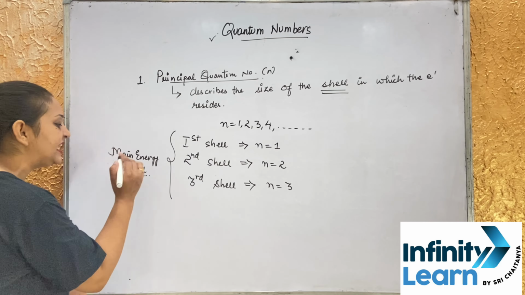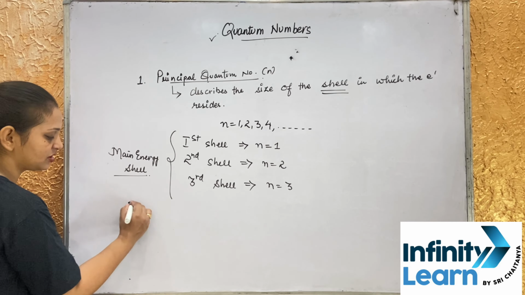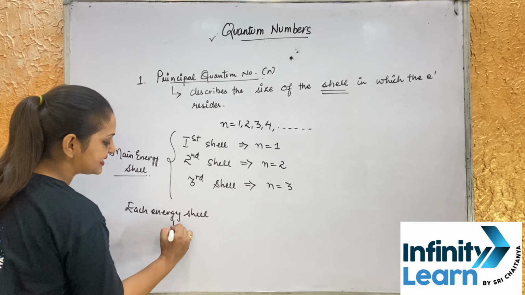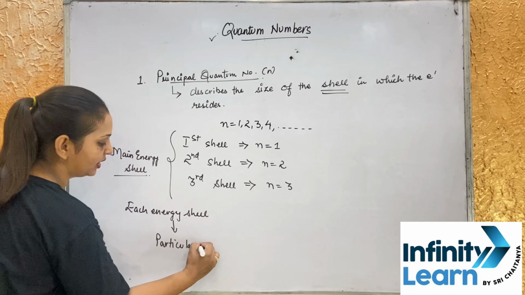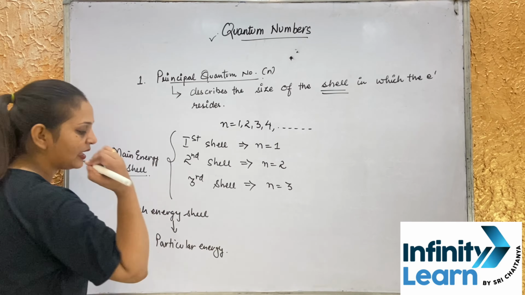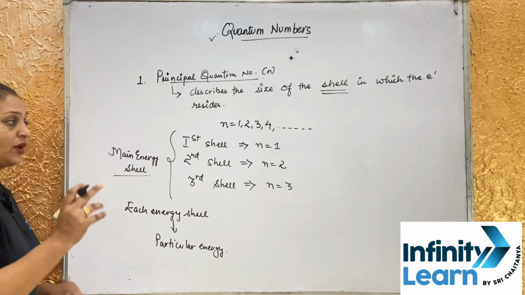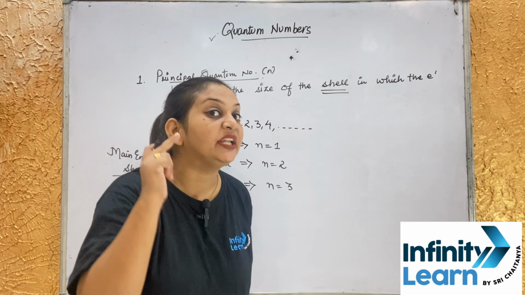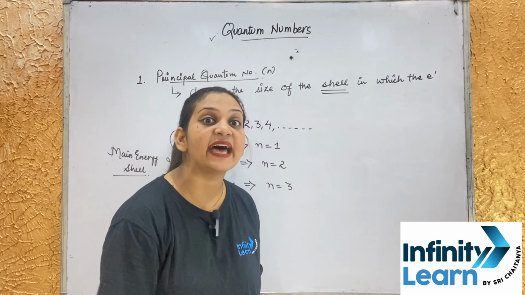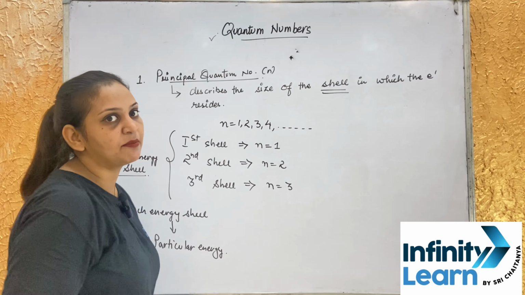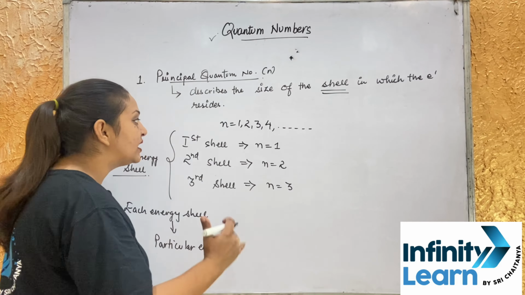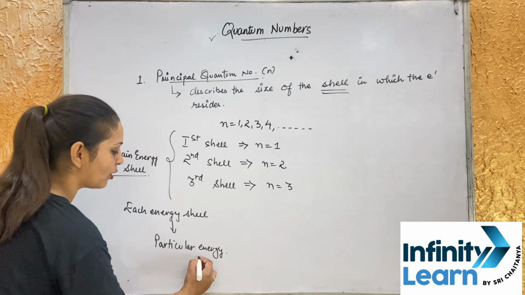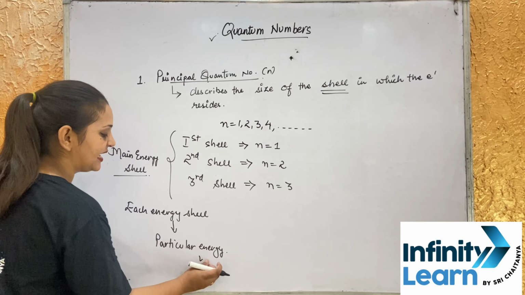Now we know that each energy shell is associated with a particular energy. Since each energy shell is associated with a particular energy, this means that the principal quantum number n also describes the energy of the electron.